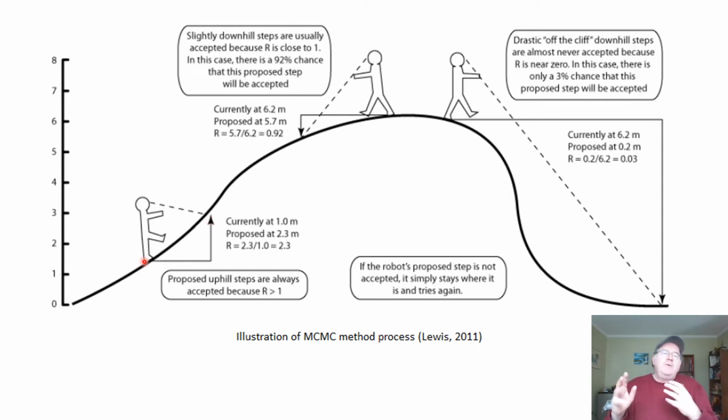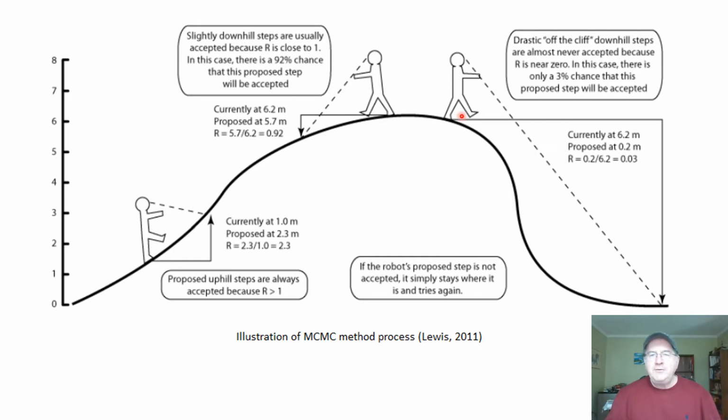And the R here is a ratio of the new likelihood to the old likelihood. We're going to incorporate some kind of a threshold value, such that the difference between the two trees has to exceed a certain value for me to accept it. Up at the top here, I'm at a relatively high likelihood tree.